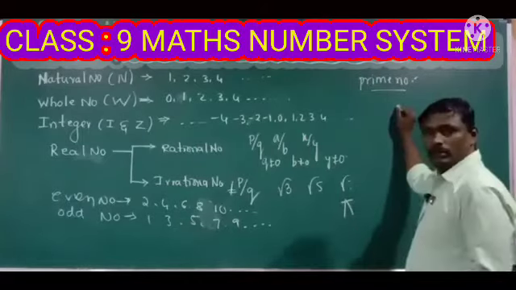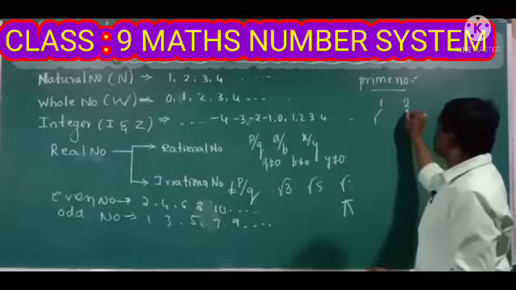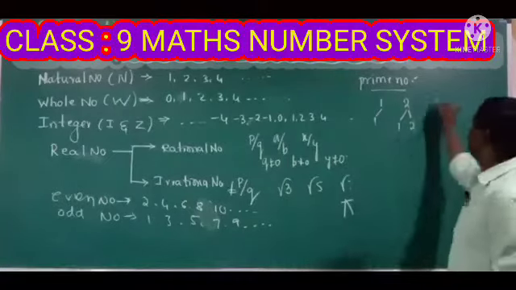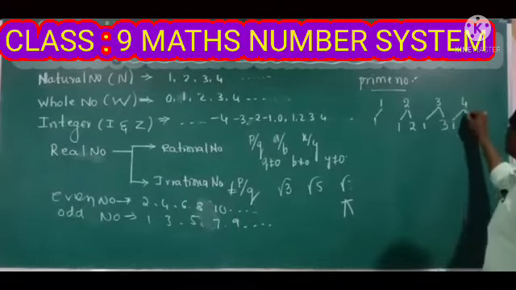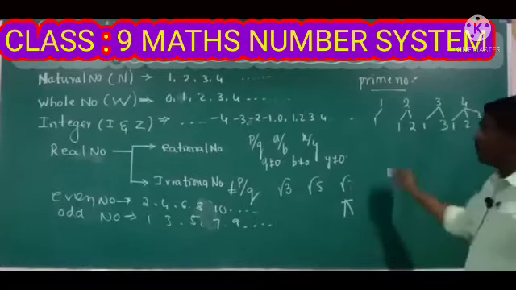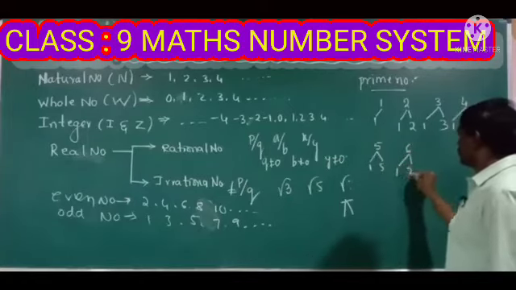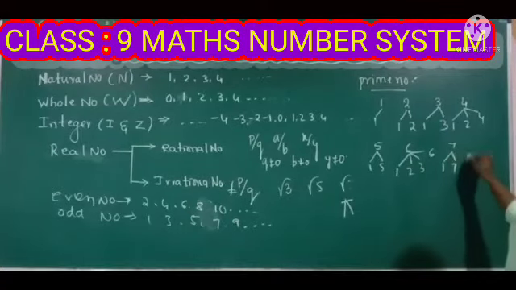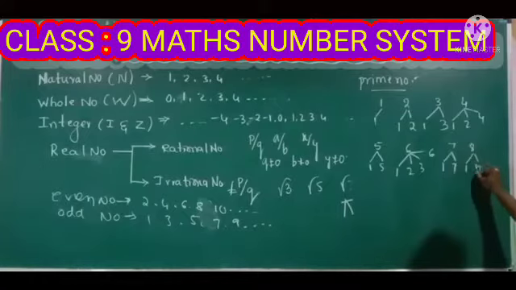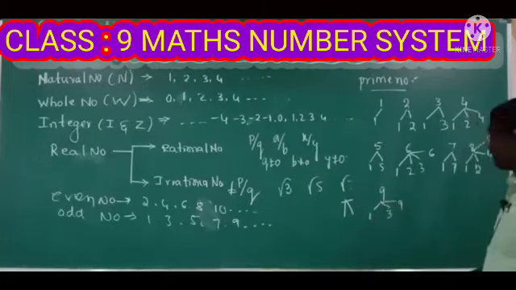For example, 1 is divisible by 1 only, 2 is divisible by 1 and 2, 3 is divisible by 1 and 3, 4 is divisible by 1, 2 and 4, 5 is divisible by 1 and 5, 6 is divisible by 1, 2, 3 and 6, 7 is divisible by 1 and 7, 8 is divisible by 1, 2, 4 and 8, 9 is divisible by 1, 3 and 9, right?